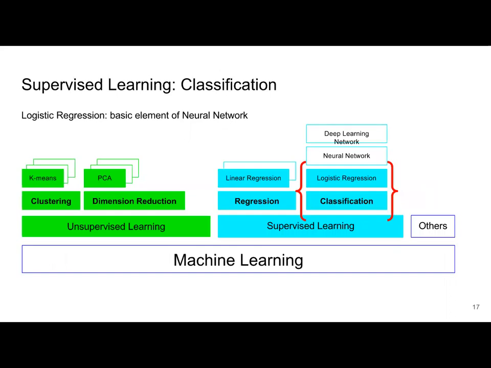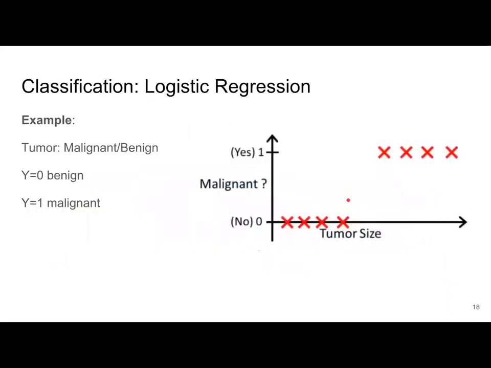Okay. So now we move to classification problems, supervised learning classification problems. The example is, let's say we have input of tumor size, and we already know if it's benign or malignant. To show this input data, we can see here that if the size is small, it's good.